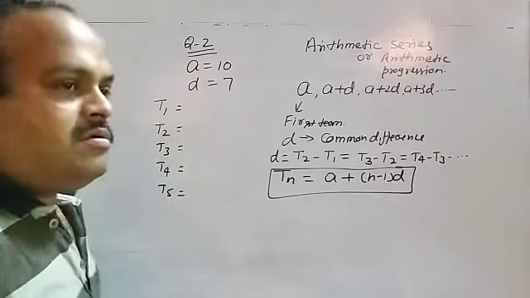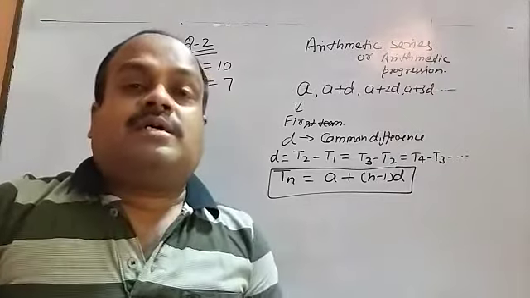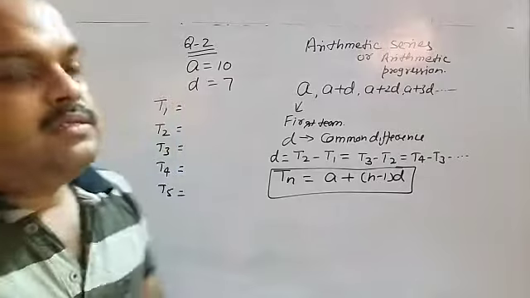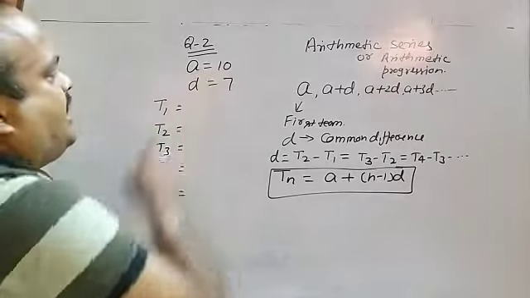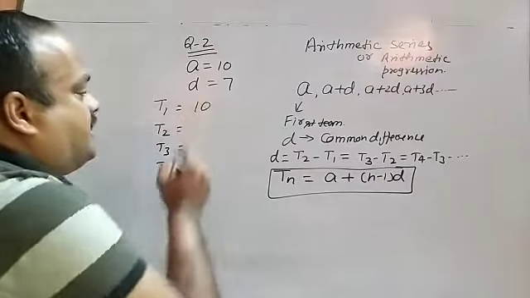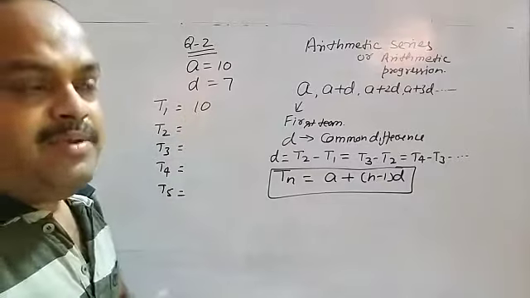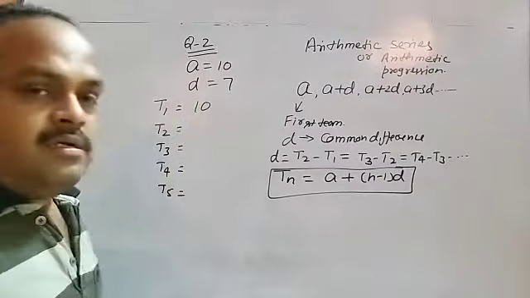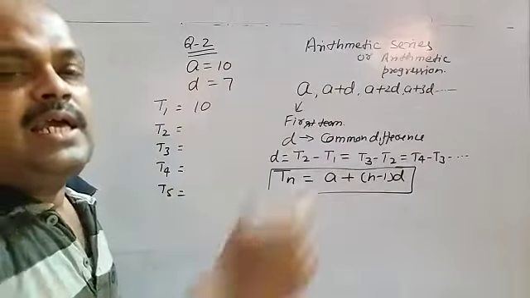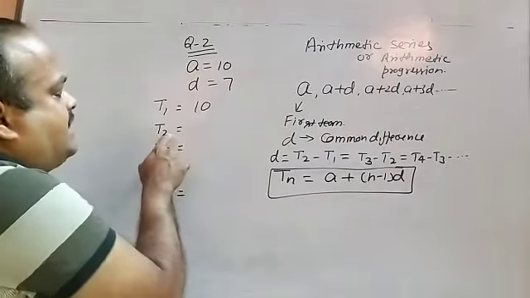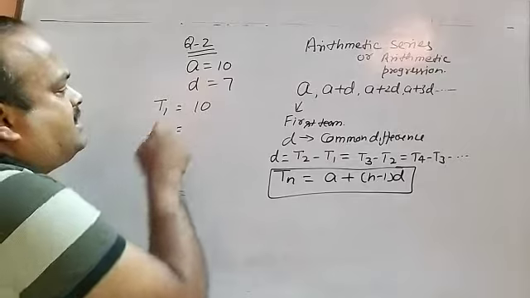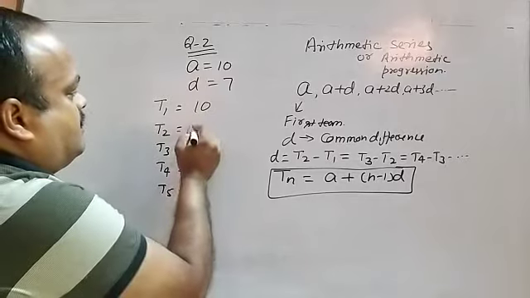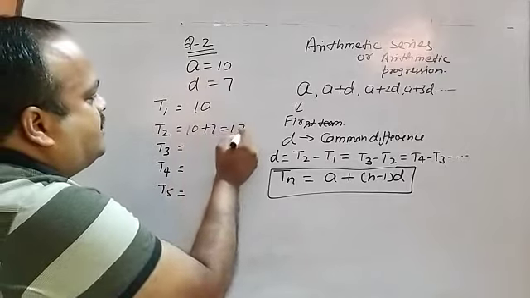What shall we do? We can use a shortcut method. Since the first term a is 10, the next term in an AP will be d more than a. That means to get the second term you can add 7 to this 10. 10 plus 7, 17.